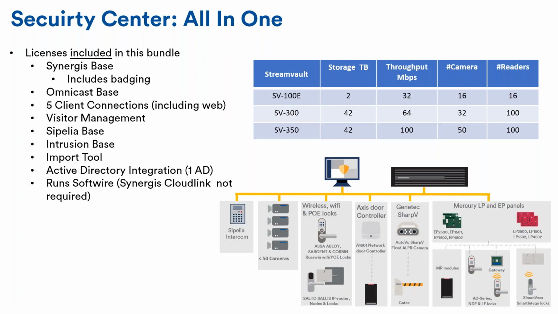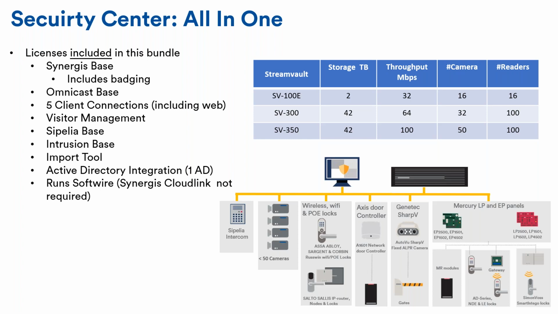So for example, if a customer has a requirement for say less than 50 cameras, you could recommend them the StreamVault 350 series without having to go through a comprehensive bill of materials coding individual licenses for cameras and access control and so on.